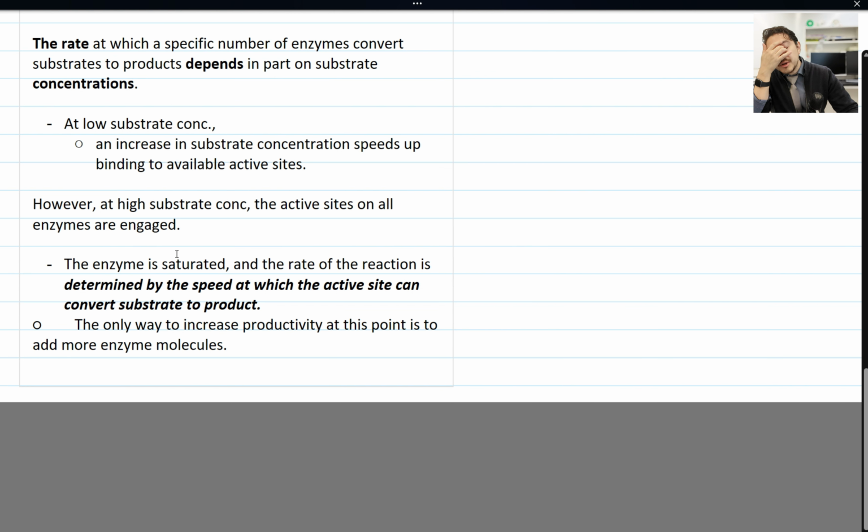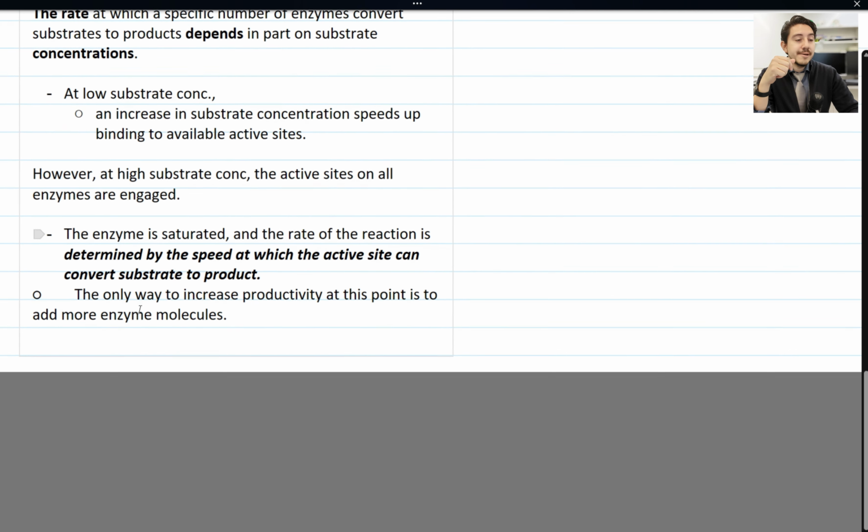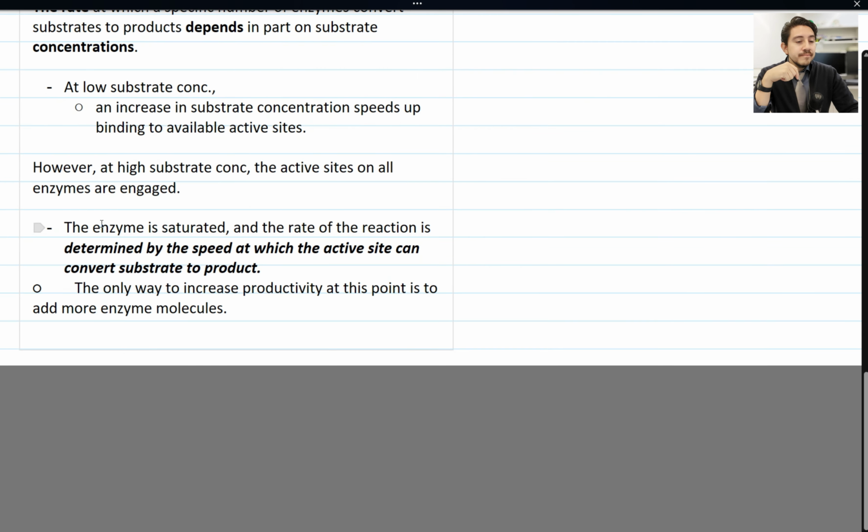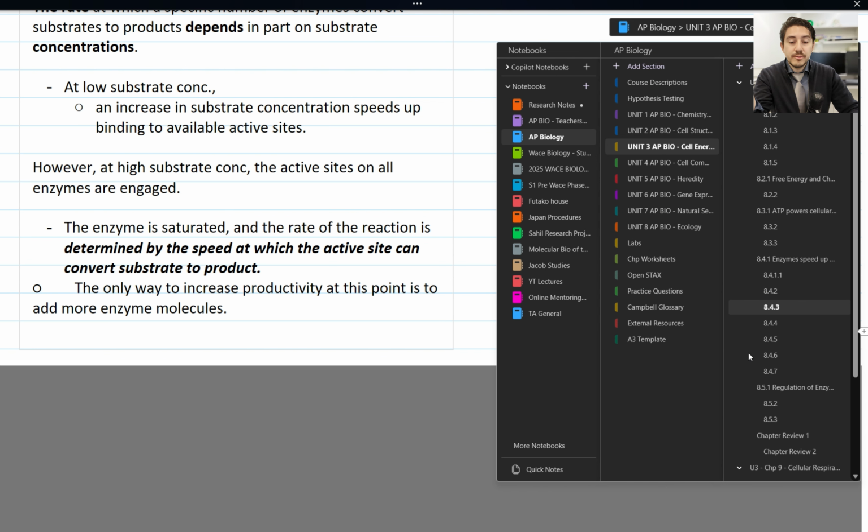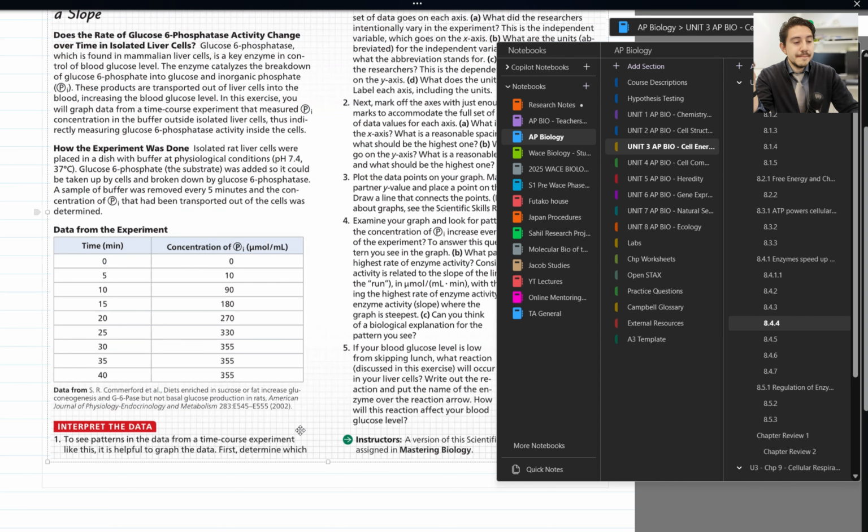So you're going to reach a threshold. All the enzymes are engaged, so the enzyme is saturated. The rate of the reaction is then determined by the speed at which the active site can convert substrate to product. In that case, you just need to add more enzyme to speed up the reaction.